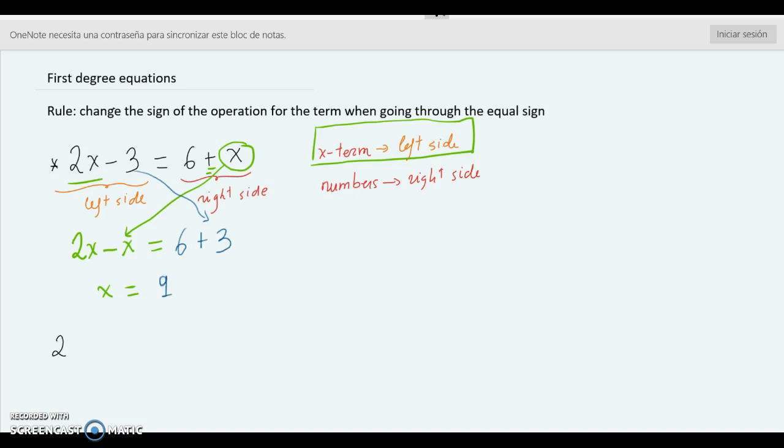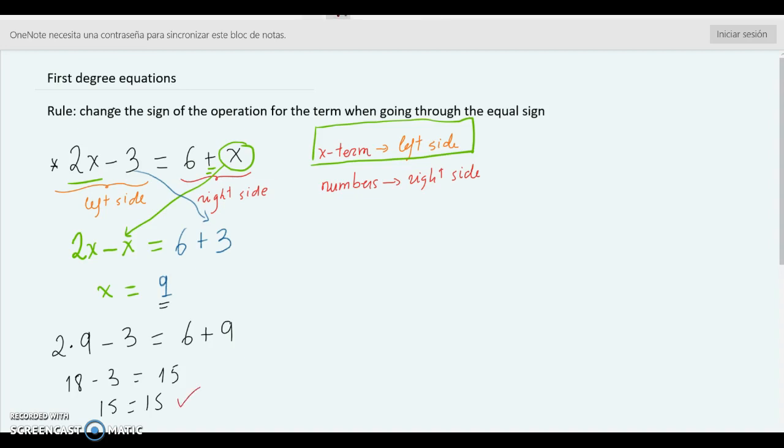So 2 multiplied by x, but the x is 9, minus 3 should be equal to 6 plus x, the x is 9, plus 9. We are going to see if the left side is equal to the right side. This is 18 minus 3 equals 6 plus 9 is 15. 15 equals 15.